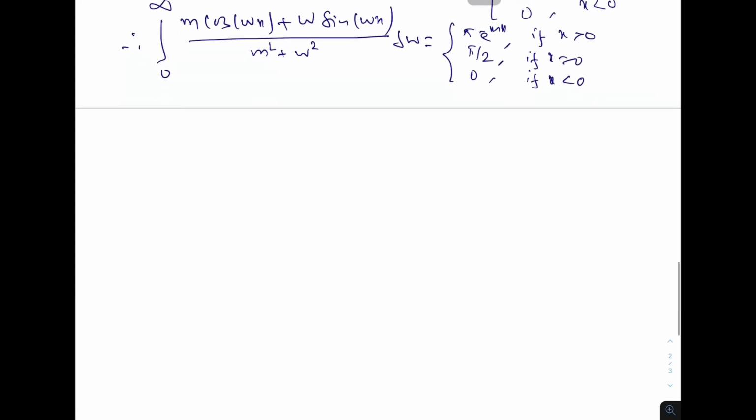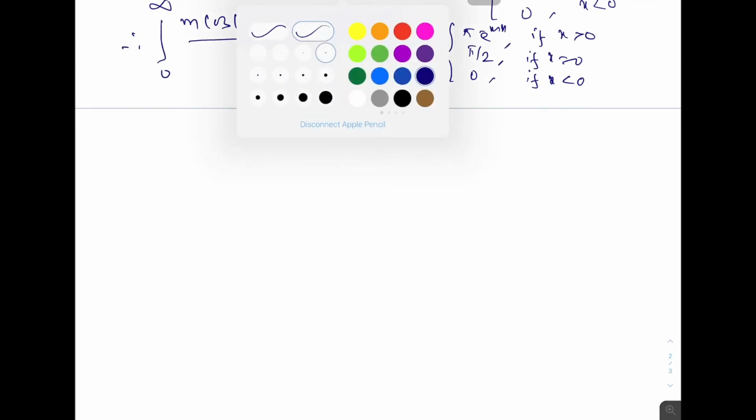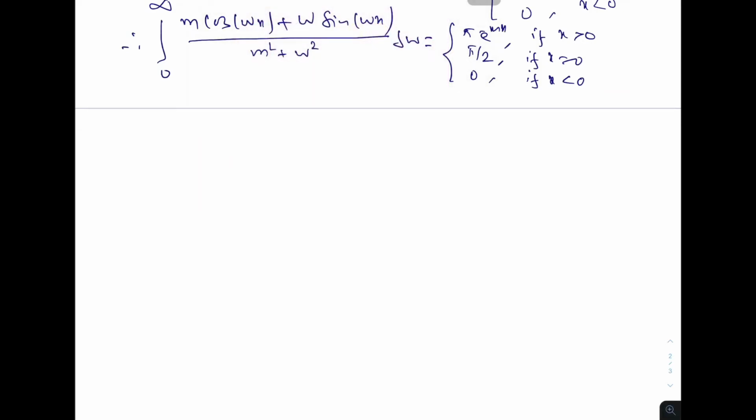Okay, now see, in the paper the example can be asked in this way also. So let us see that part. This was asked in GTU winter 15, summer 15, summer 16.